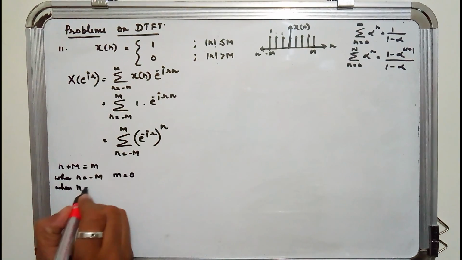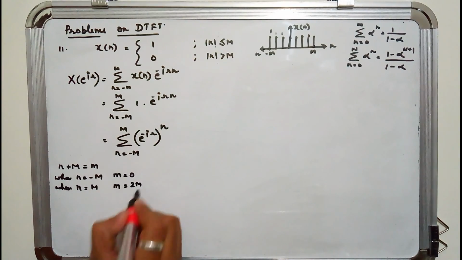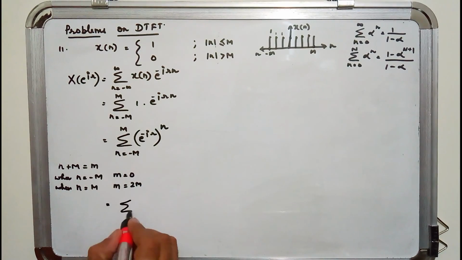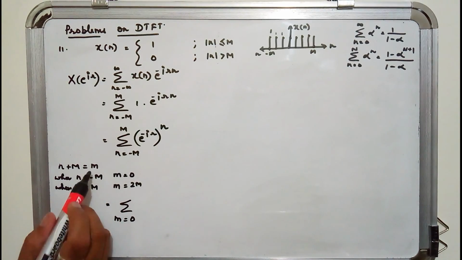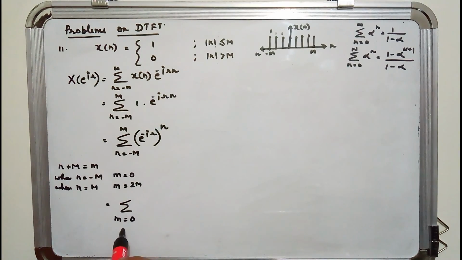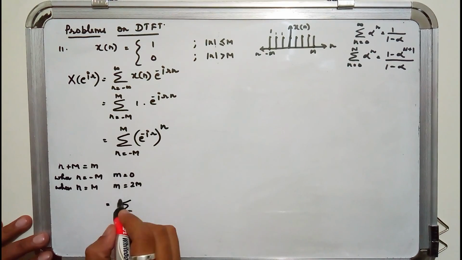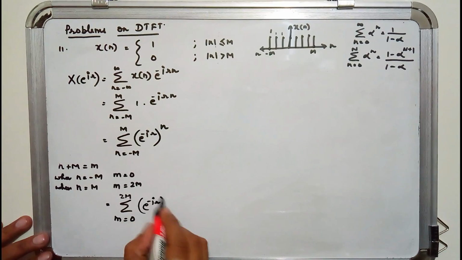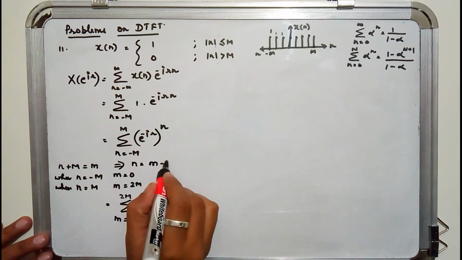Then when n is equal to plus M, m will be 2M. So this summation will change to summation m is equal to 0 because the n plus M is replaced by m. So the summation limit will be changed to m is equal to 0 to 2M. So I get e power minus j omega. What is n from here? n is equal to m minus M.